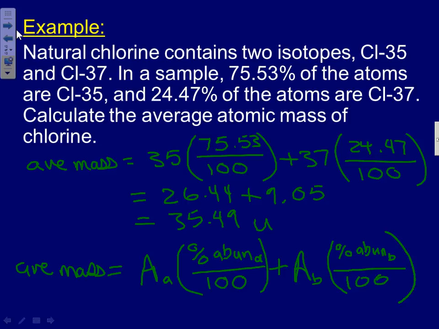And I'm going to put here a plus, and then I'm going to put dot, dot, dot, because sometimes some isotopes have 3 of them, or 4 of them, or 5 of them. There's all kinds of different isotopes. So however many you have.